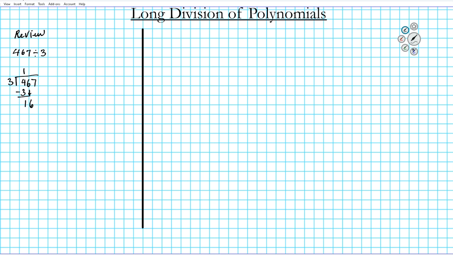Okay, so let's go ahead and make a list of the procedures we just underwent to come up with this answer. So step 1, you divide, right? And then you multiply the component of the quotient with your divisor.